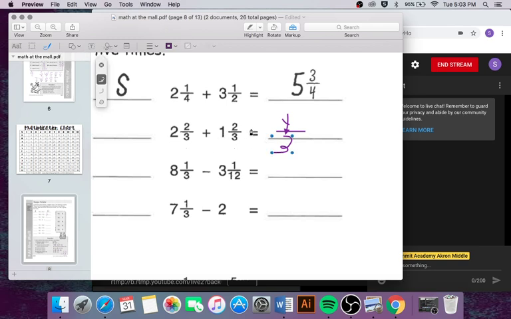And 2 and 1 is going to be 3. So we still have an improper fraction. So 3 goes into 4 one time. So we're going to add one more to our whole number, which is going to bring that to 4.